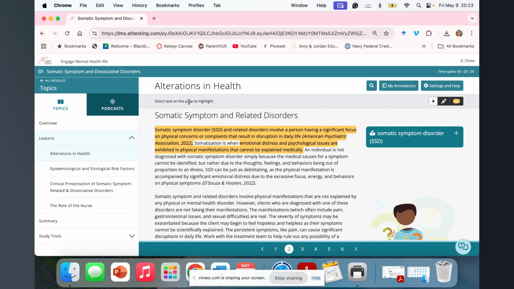An individual is not diagnosed with somatic symptom disorder simply because they have medical causes for a symptom that can't be defined, but rather due to the feelings, thoughts, and behaviors being out of proportion to an illness, okay? And so this is really important.